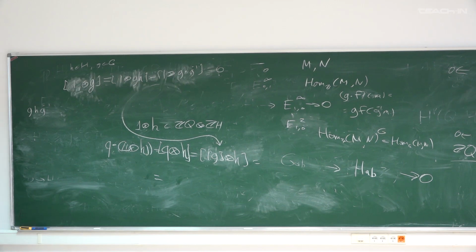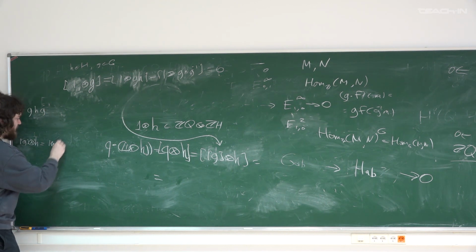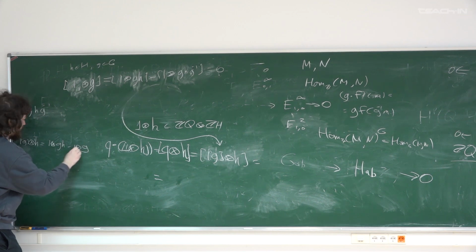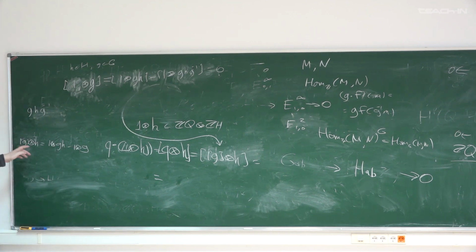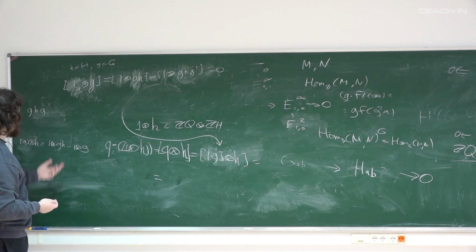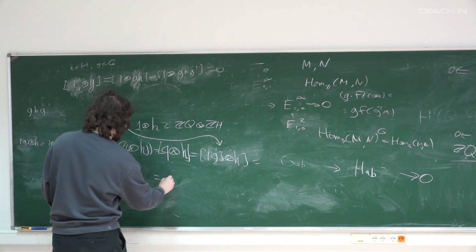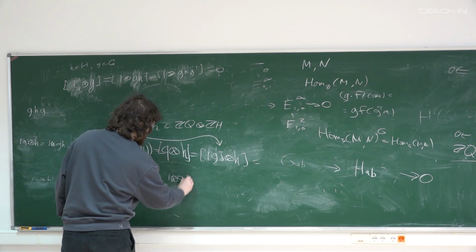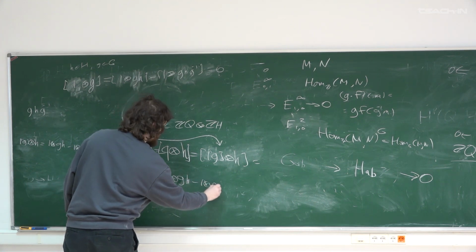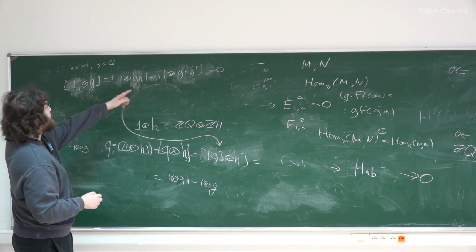It's always true that G tensor H equals tensor GH minus tensor G. It's always true, by the resolution. So this thing is equal to this difference.